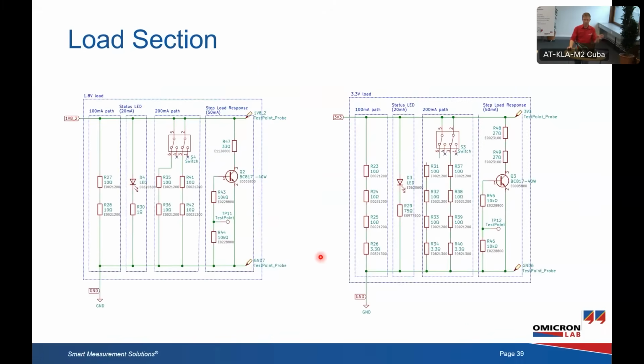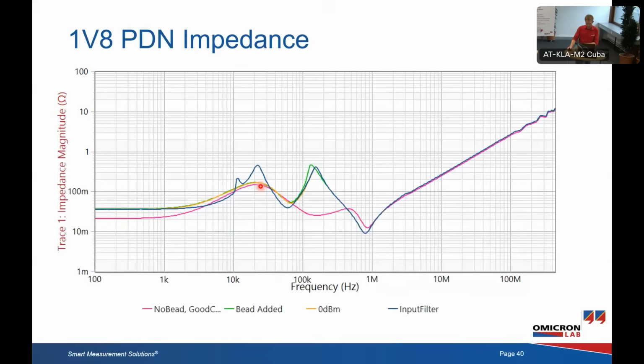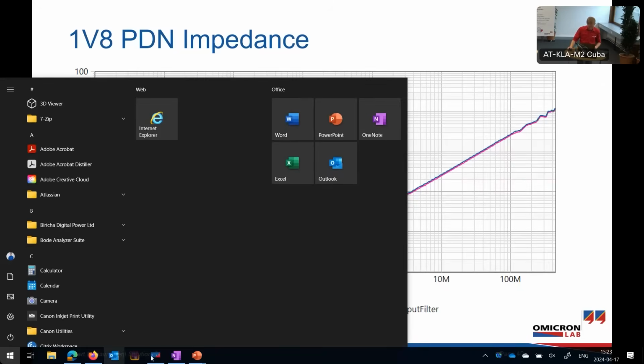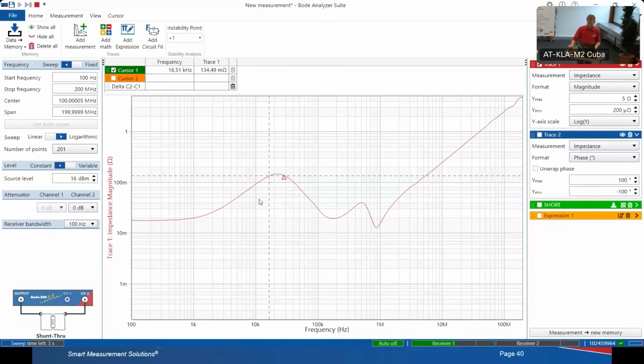It's just a switchable load between 100 milliamps and 300 milliamps, and there is a transistor to make some load steps. And that's how the PDN impedance looks like, but I'm going to show you that in real life now. So here you can see the measurement running. The probe is contacted and the measurement runs.